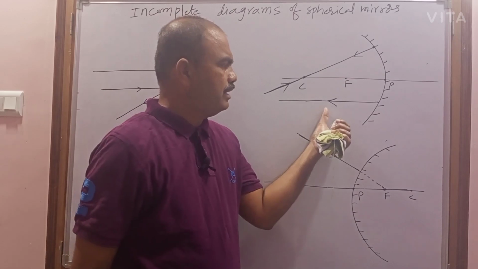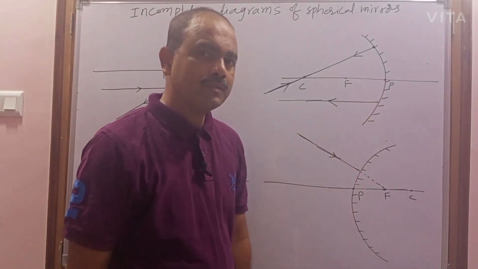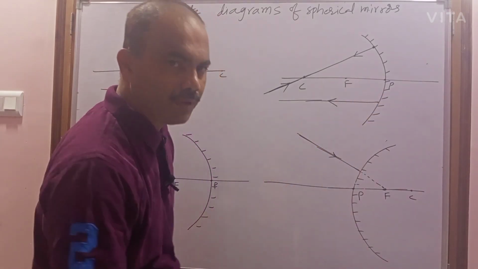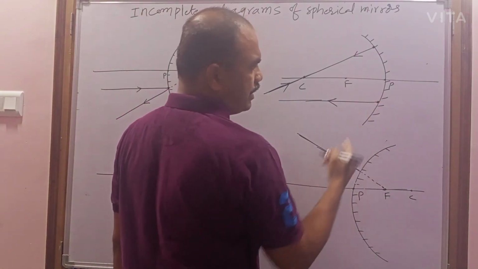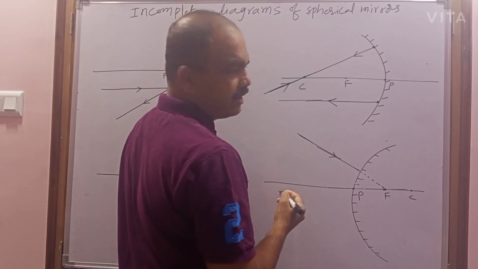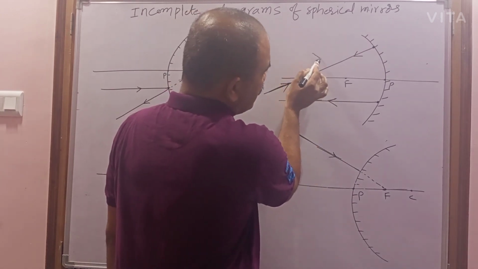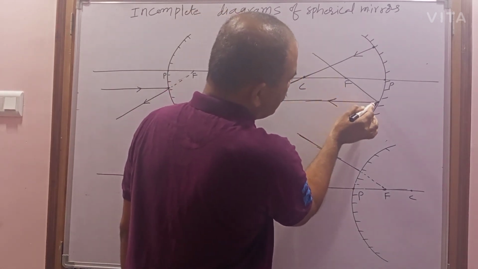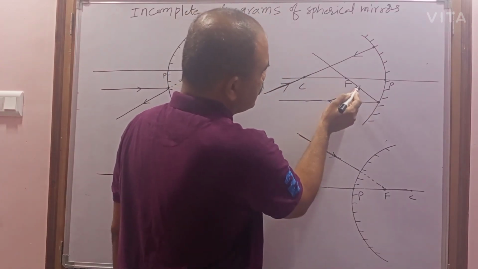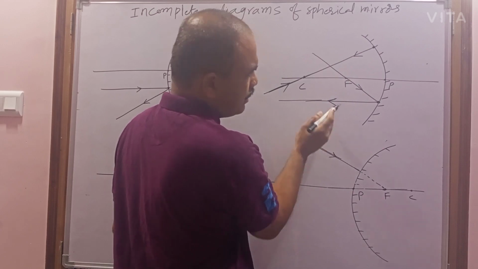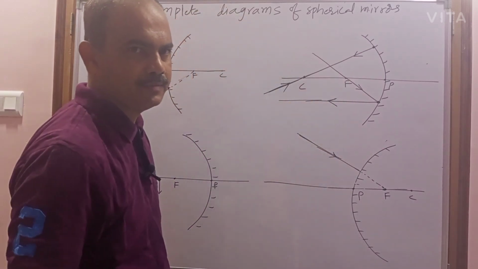When the reflected ray is parallel to the principal axis, the incident ray passes through the focus. So first identify the point of incidence and draw the incident ray traveling to the focus and reaching the point of incidence. Now this is the incident ray corresponding to this reflected ray.